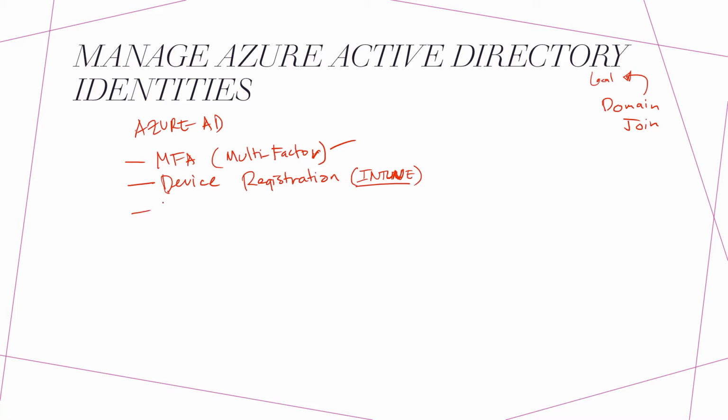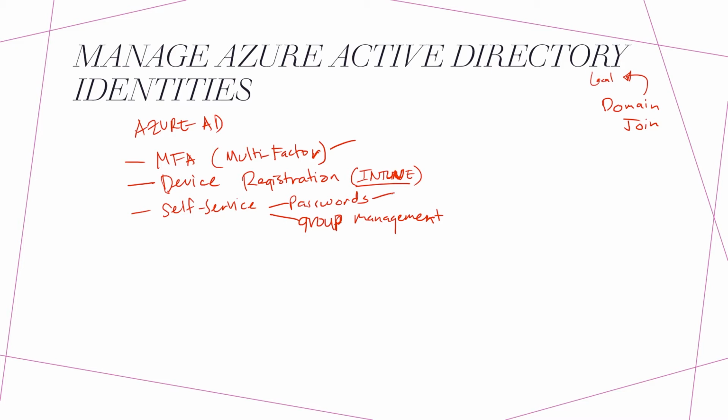And there are also self-service features for passwords or group management. Now this is something the local AD can't do. Let's say you have a group, you can just assign a user, a normal user, not an admin, to manage that group.